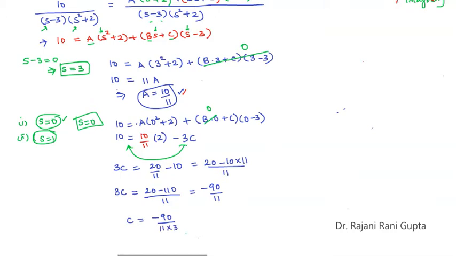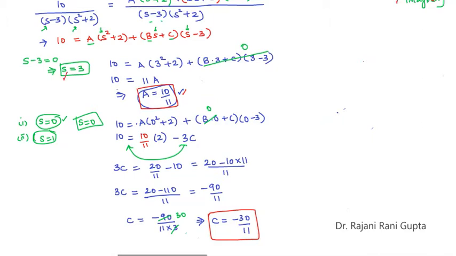Then this 3 cancels with 90 by 30. So giving you the value of c as minus 30 over 11. Okay. Now we got the values of a and c.